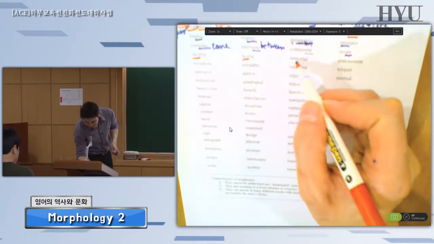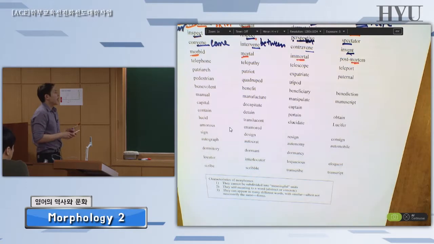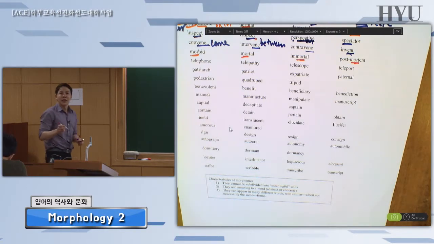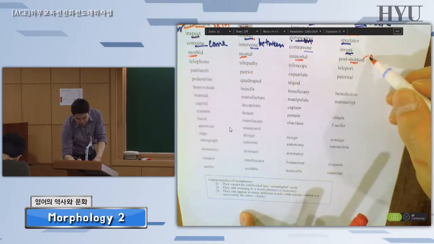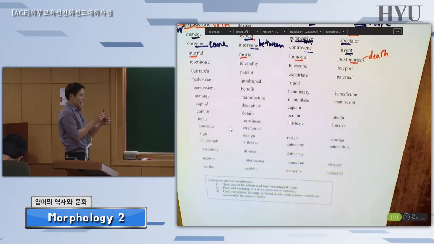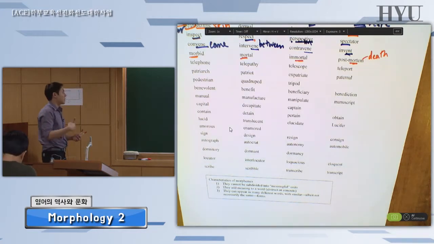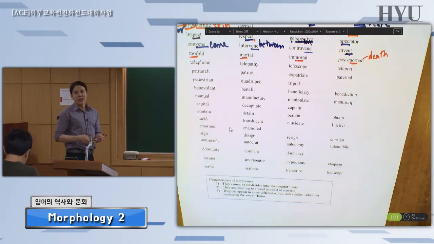And mort means die or death, okay? So post-mortem is after death. Immortal is not dead. Mortal is dead, morbid is also about death, very strong, as if causing death.